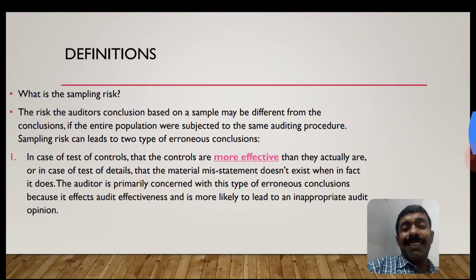What is the sampling risk? Very important question. The risk that the auditor's conclusions based on a sample may differ from the conclusions if the entire population were subjected to the same audit procedure. Sampling risk can lead to two types of erroneous conclusions.